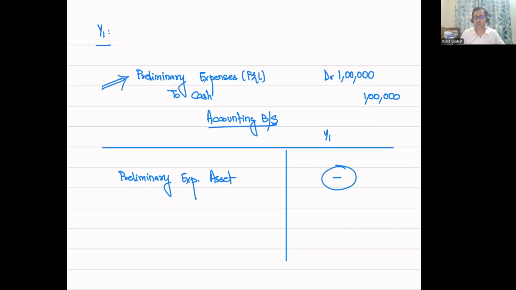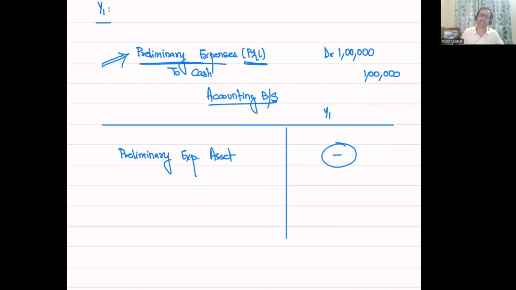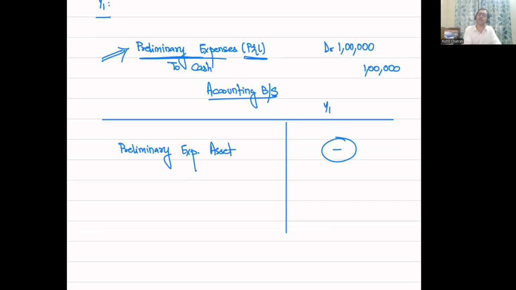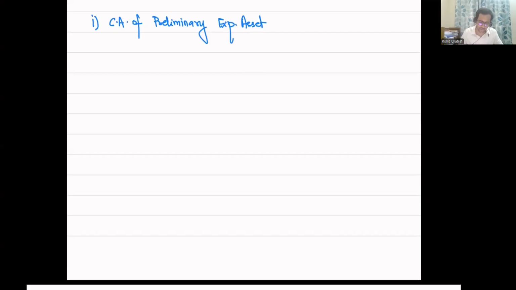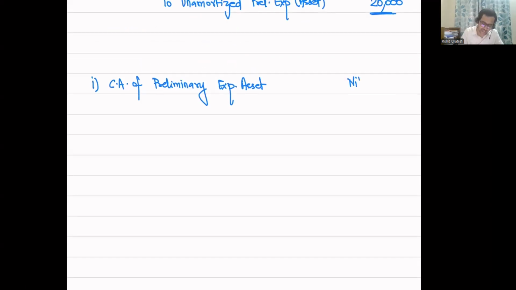The answer is no. Reason being, the preliminary expense was entirely charged to P&L, and therefore there is no asset remaining on the balance sheet. All right, so my carrying amount is going to be equal to zero.